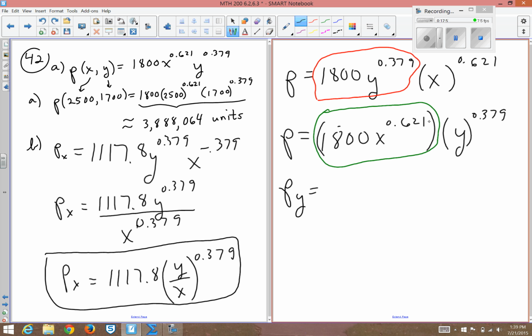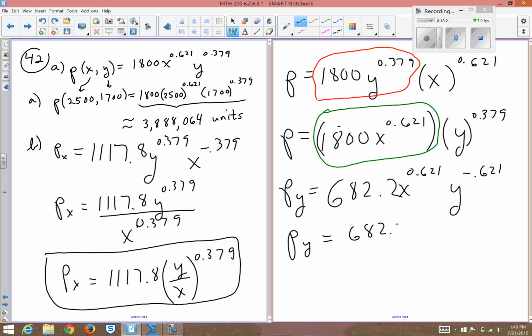So multiplying the exponent by that number in the green, you should get 682.2 x to the 0.621. That number times that number is that number. Pretending x is a number. Bring down the y, and the new exponent, 0.379 minus 1, is negative 0.621. Since the exponent on the y is negative, we can rewrite this as 682.2 x to the 0.621 over y to the positive 0.621.